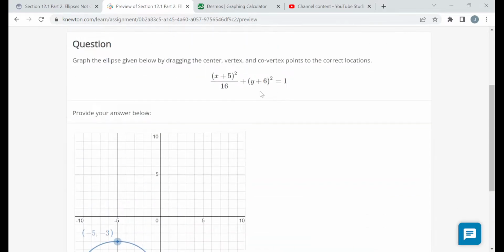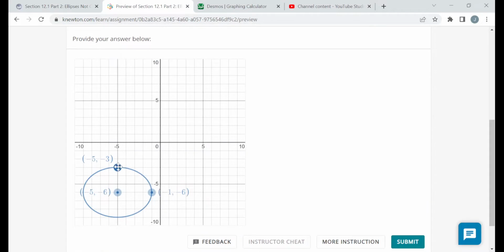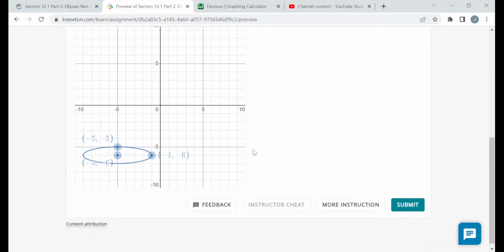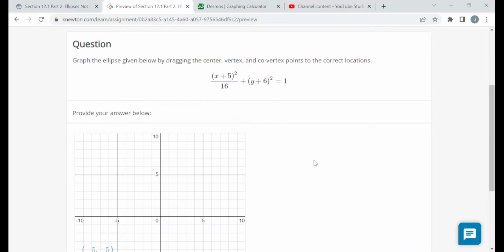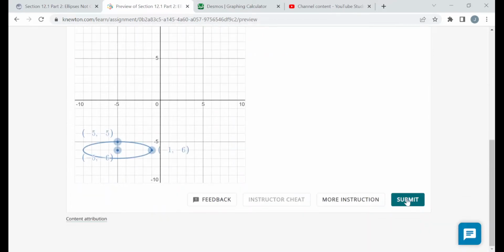And then under the y term, there's a denominator of 1. Square root of that's 1. Just move up or down 1. So the co-vertices here should just be 1 unit above the center and 1 unit below the center. So at -5, -5 here. And there's a graph of the ellipse from the equation we were given. You just move the center around, move one of the vertices to the proper place, move one of the co-vertices to the proper place.